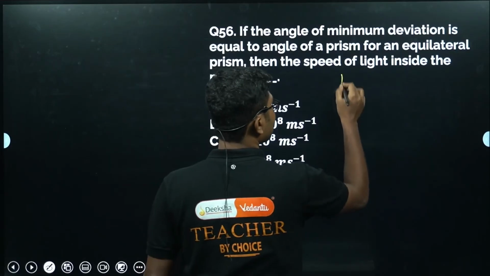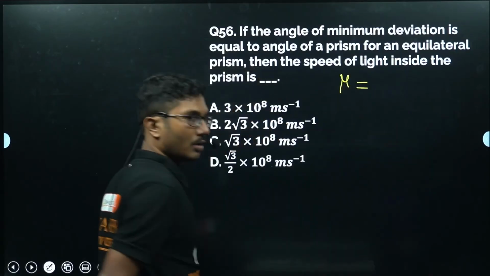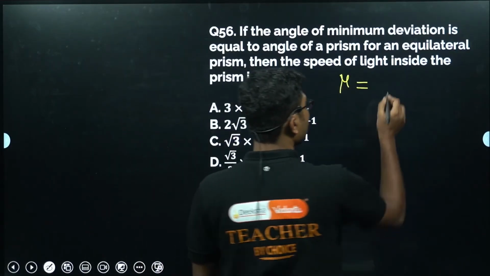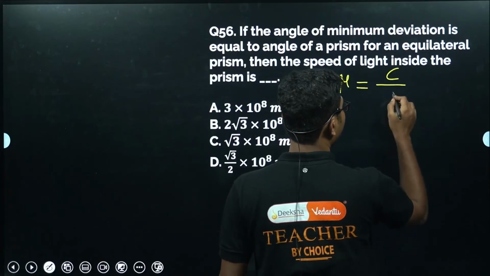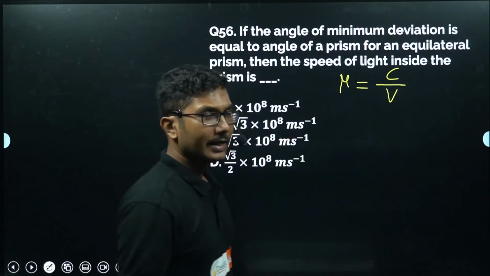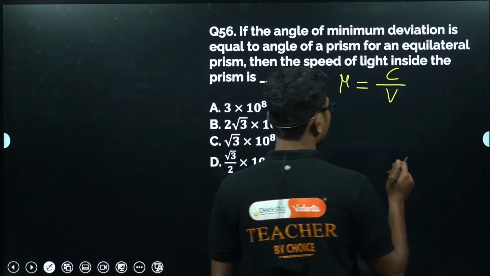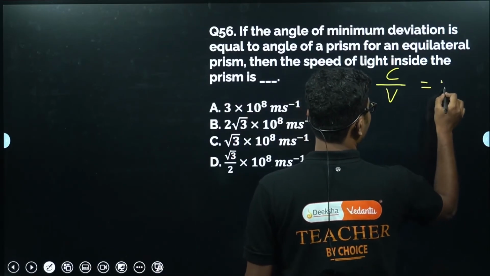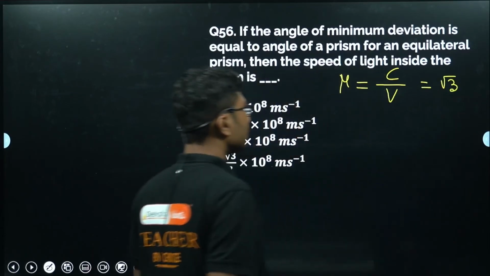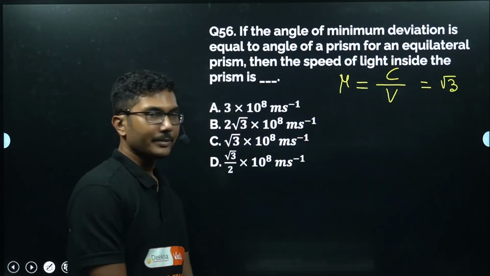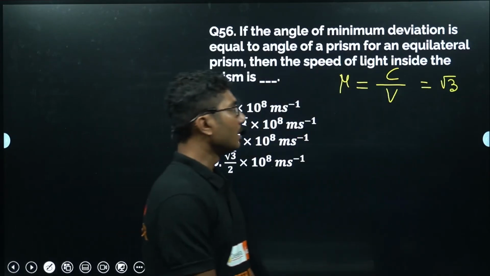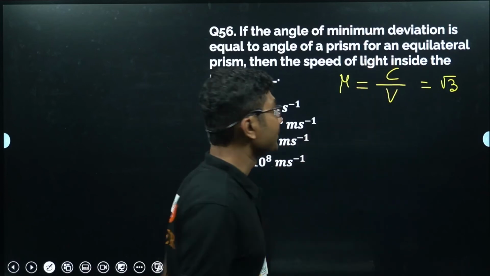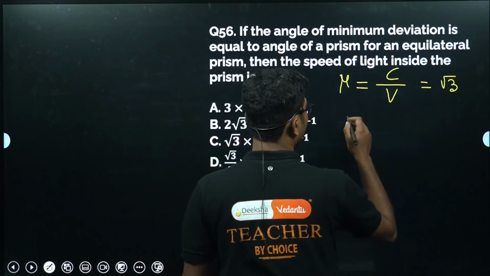Now what is mu? Mu of a medium is given by speed of light in vacuum divided by speed of light in that medium, that is equal to root 3, right. So in this case, speed of light in vacuum divided by speed of light in medium is mu.